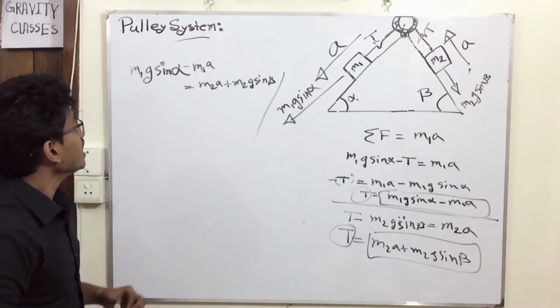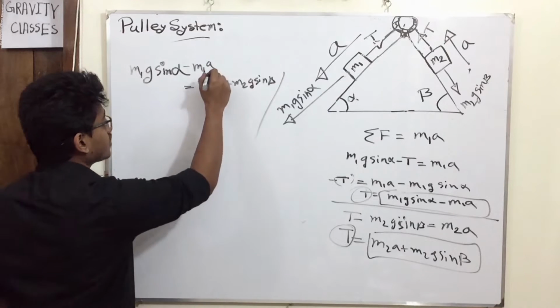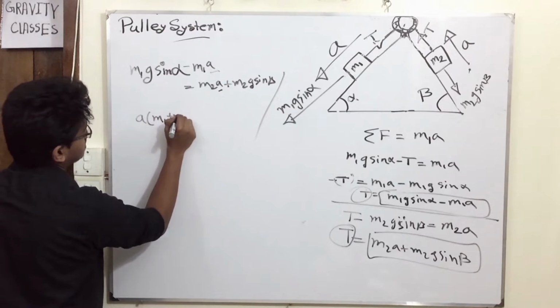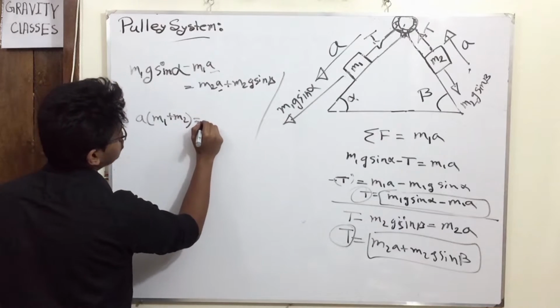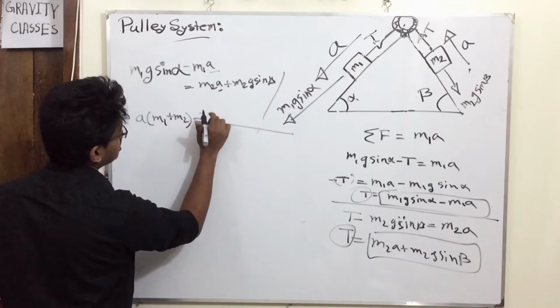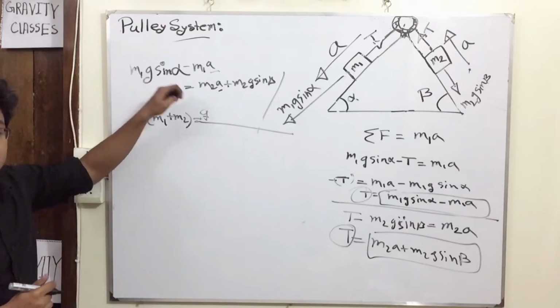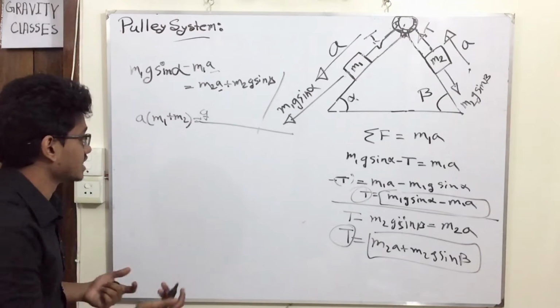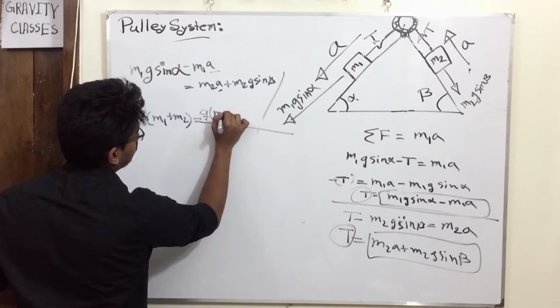Okay? Now we're going to extract the value of A from this equation. So A times M1 plus M2 equals to, we're going to take G common. I'm doing it in a very shortcut process. If you do it elaborately, you'll get the exact same result. G M1.